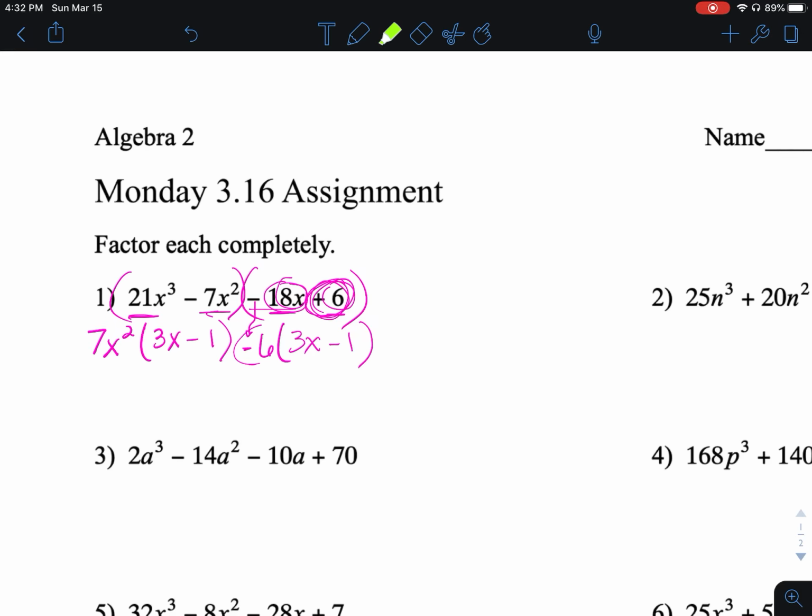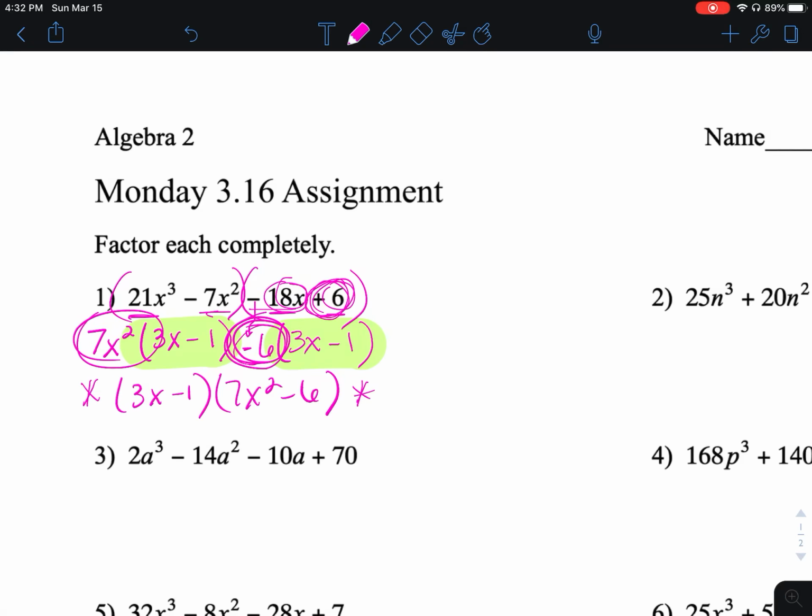Remember what we said on Friday, we want these two things that are in parentheses to completely match. Everything, signs, everything. So I'm going to take what they have in common, so 3x minus 1, and then I'm going to take my leftovers, which is the 7x squared minus 6, and those are my two sets of parentheses, and that is factored completely. So that's it. That's your answer right there.